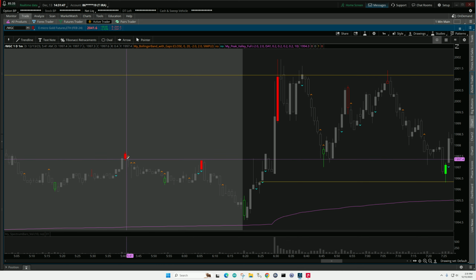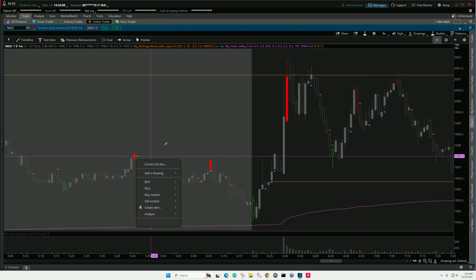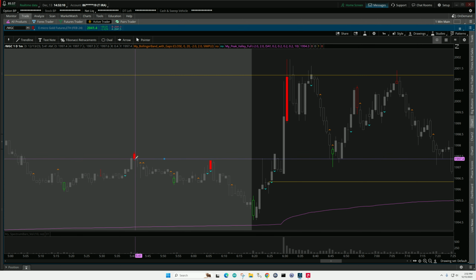Looking left, there is a gap right here. However, I was looking for a little bit more price movement, thinking that gold could at least move 5 points in the first few minutes. So that's why I don't have this marked anymore, but I'll put in a line there for now.